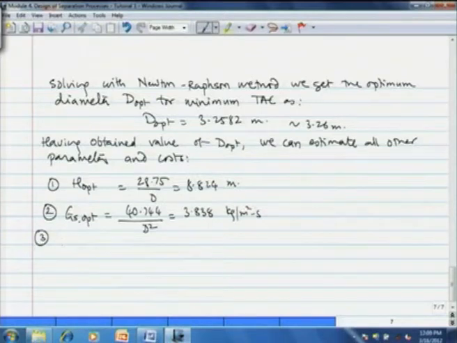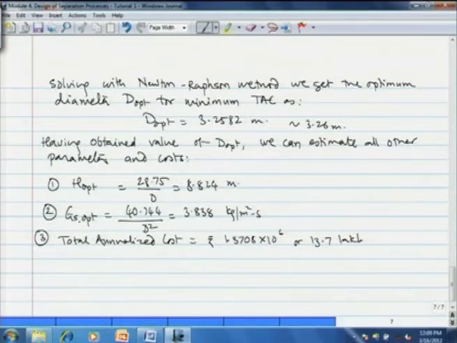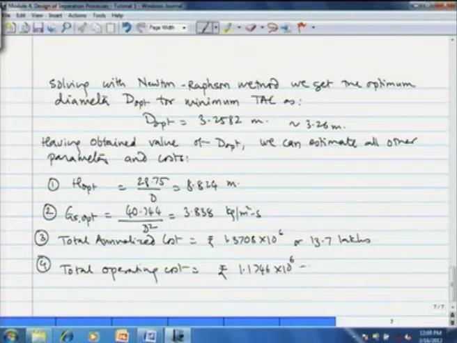The total annualized cost turns out to be rupees 1.3708 into 10 to power 6 or 13.7 lakhs, and the total operating cost or total variable cost turns out to be rupees 1.1746 into 10 to power 6 or rupees 11.746 lakhs. So that completes the solution to the problem.